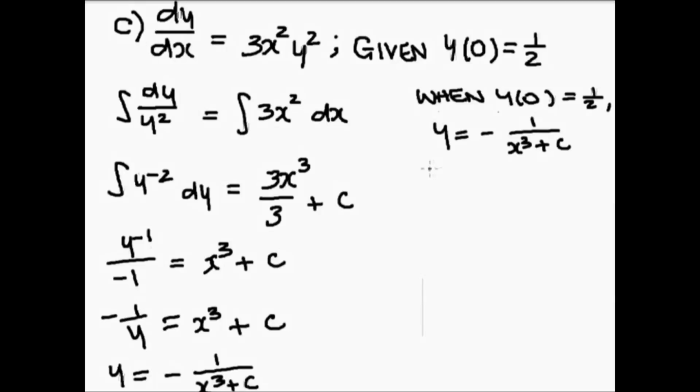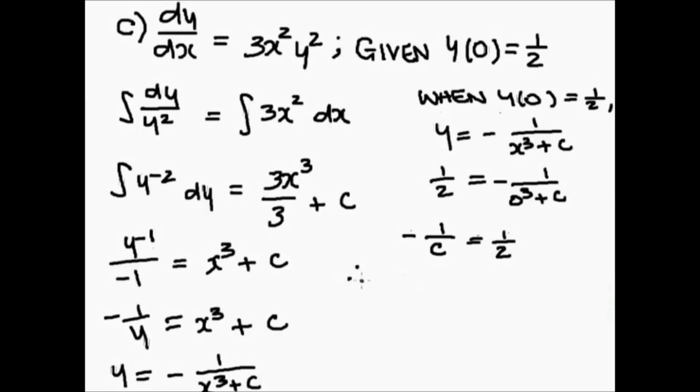So we sub in, which is half equals negative 1 over 0 cubed plus c, which will give you the answer negative 1 over c equals half, which means c equals negative 2. And that's how you solve.